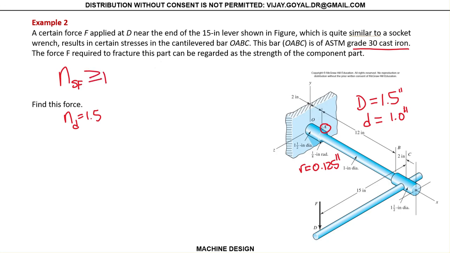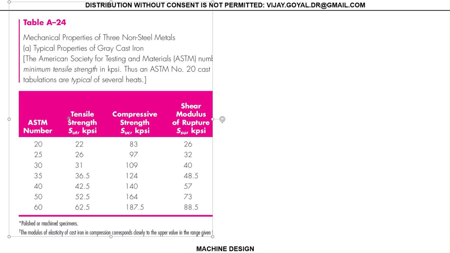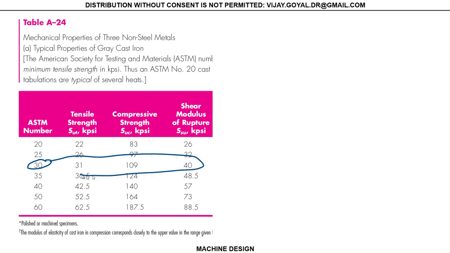To find the material properties, we go to table A24, and for grade 30, you can see I get the values right here.